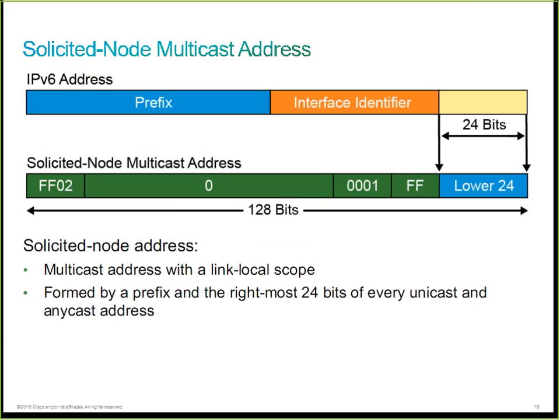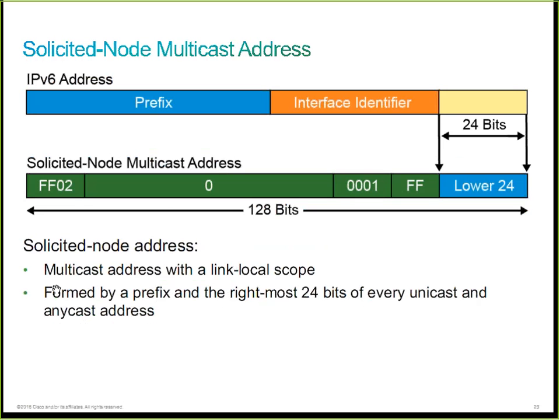So the remaining digits are 0, and then under the interface ID, it will take the lower 24 bits, and for the initial bits that are available, it's going to do some modification, and that is what is called the solicited node multicast address.